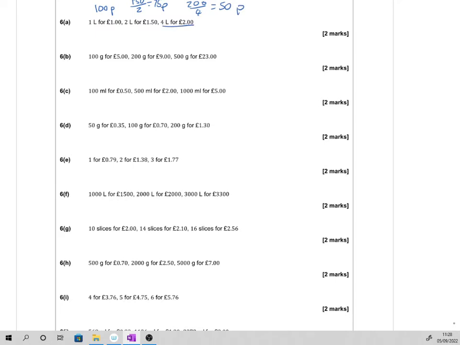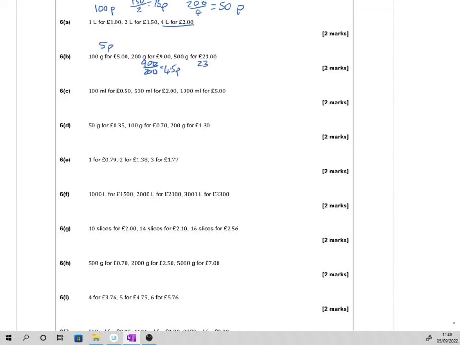Right, so 100 grams. So 500 divided by 100 is 5p a gram. So this one, right underneath that, 900 divided by 200, which is 4.5.